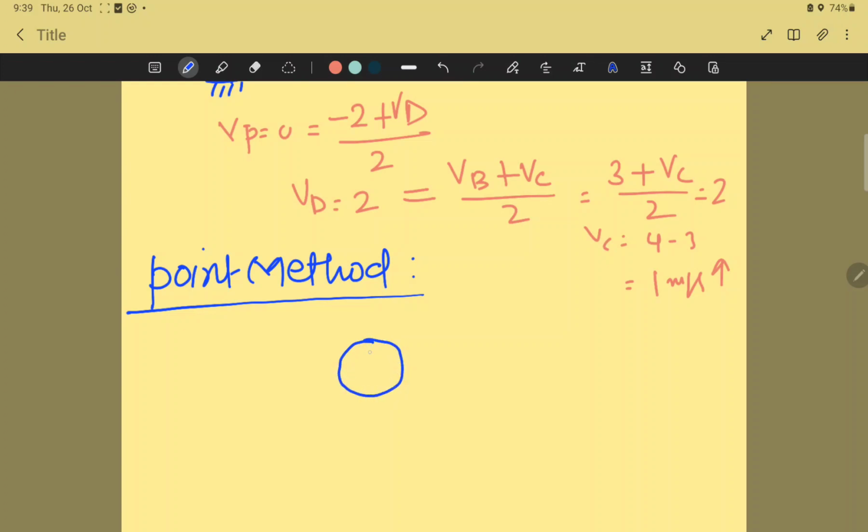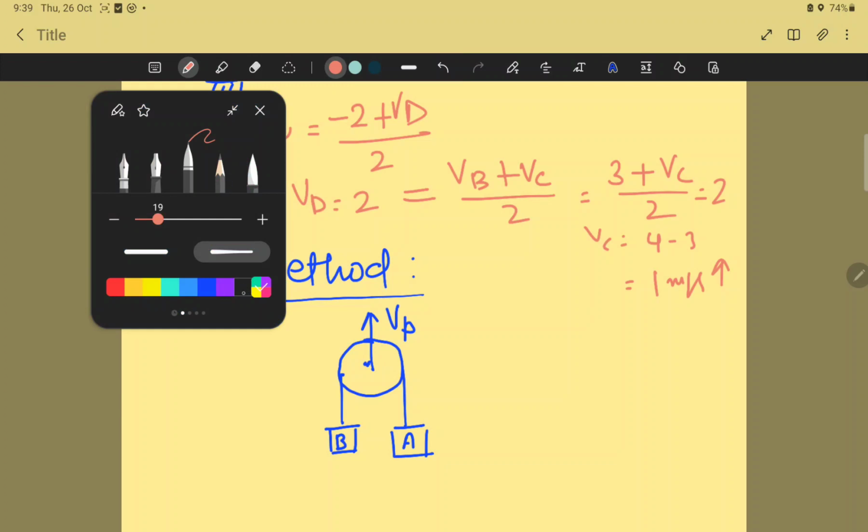if we are talking about the pulley, let's take these two blocks B and A, and let's take the pulley is moving with velocity Vp. Fine. So we are going to mark some points on it.